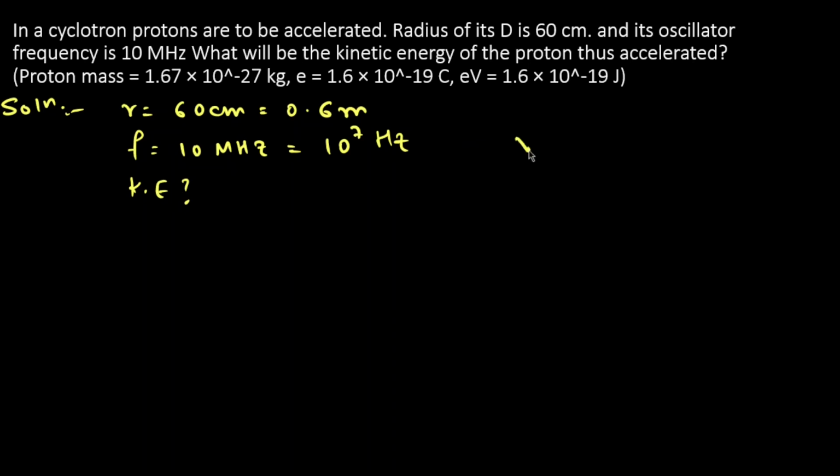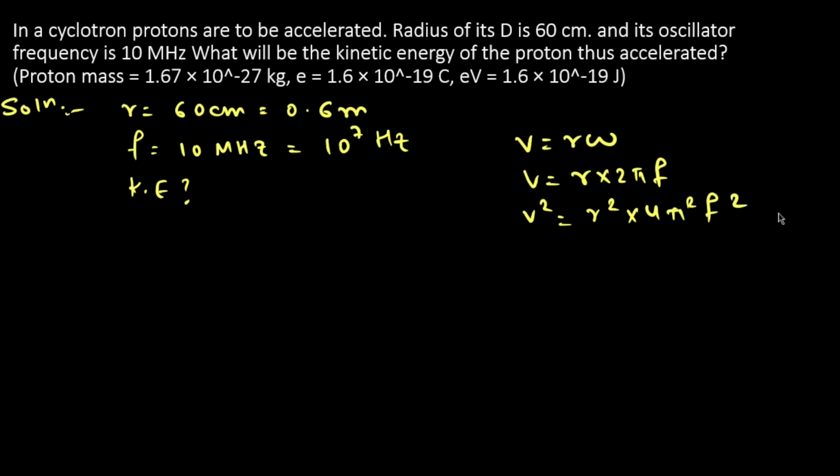Now we know V is equal to R omega. So omega is written as 2 pi f. So V will be equal to R into 2 pi f. Now if V is R into 2 pi f, V square will be R square into 4 pi square f square. Now the kinetic energy is half m v square.